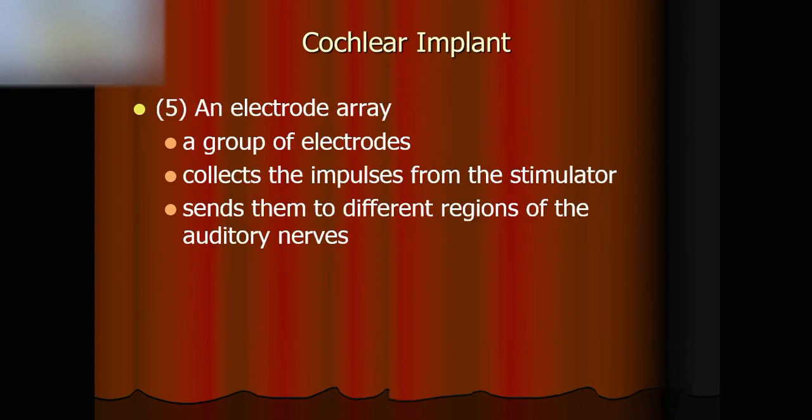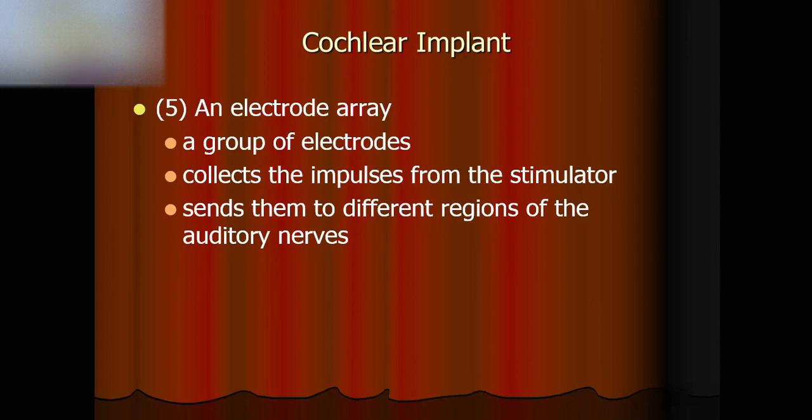Okay, finally we reach the last part of the cochlear implant, the electrode array. If you have seen an electrode array, it's very tiny, but it's a straight line.